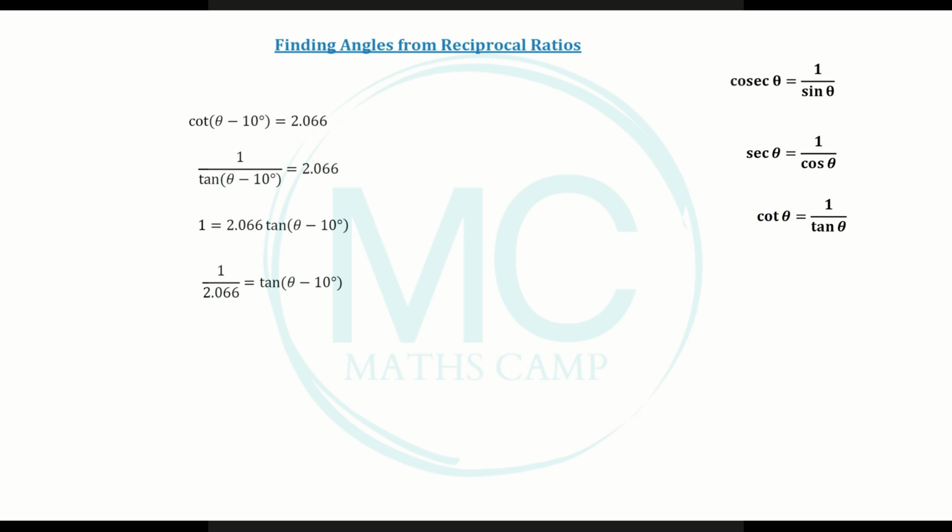In the bracket, we have the total angle, and we need to solve for theta. So our next step is to keep the bracket by itself by moving tan across to the left. And we're going to have tan to the negative 1, open our bracket, 1 over 2,066, close the bracket, is equal to theta minus 10 degrees.